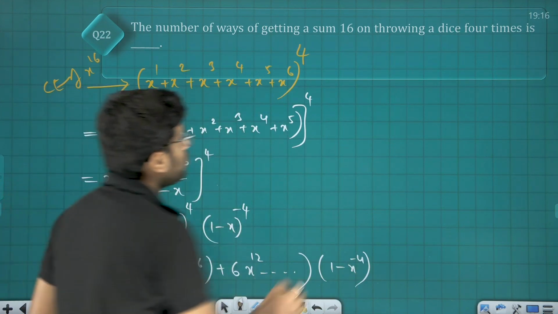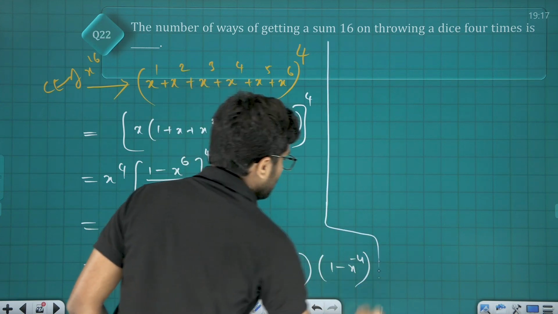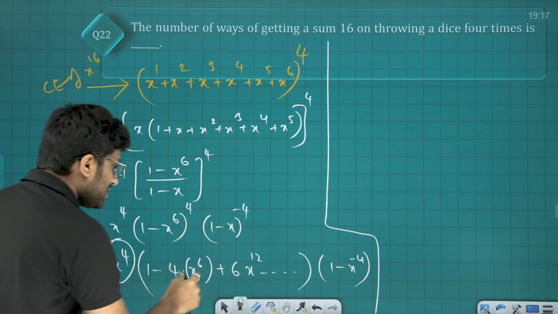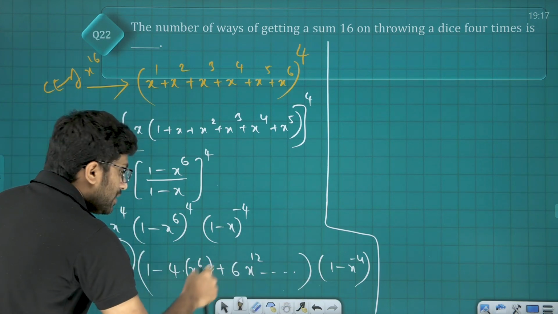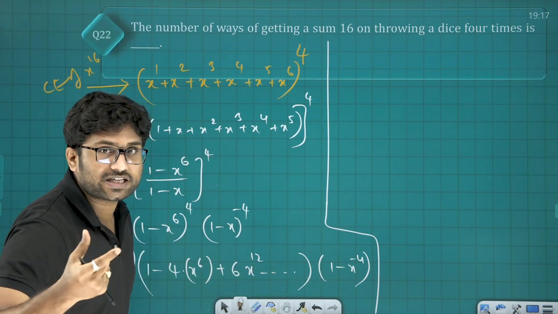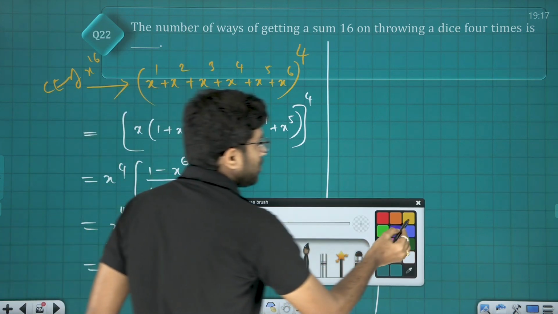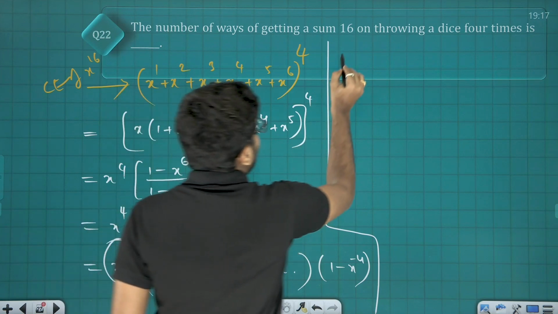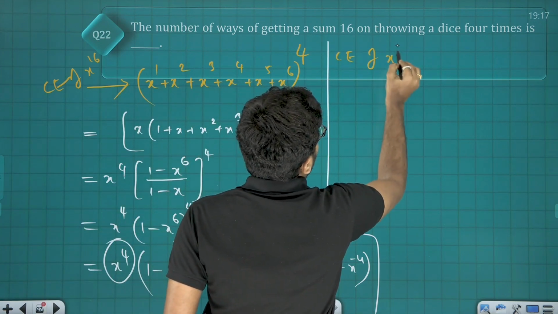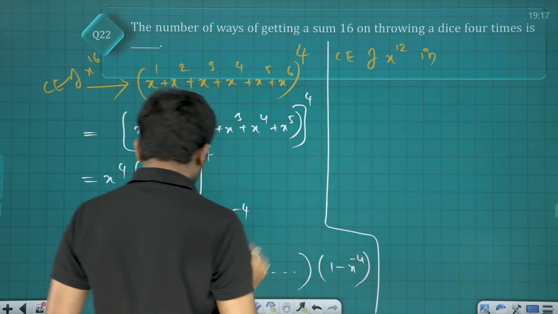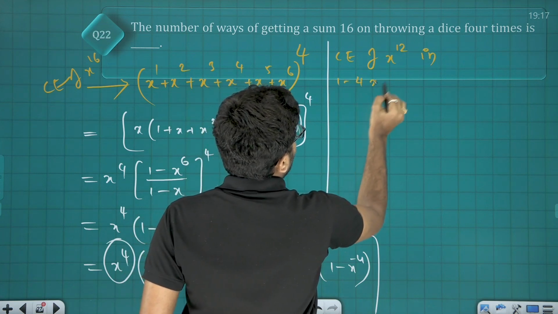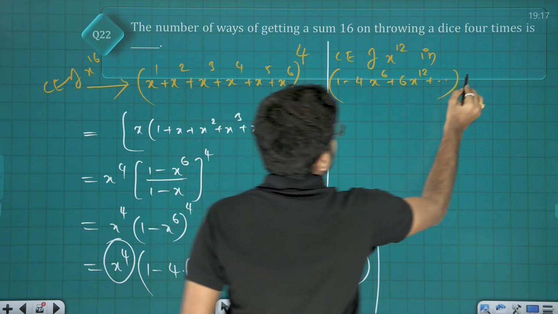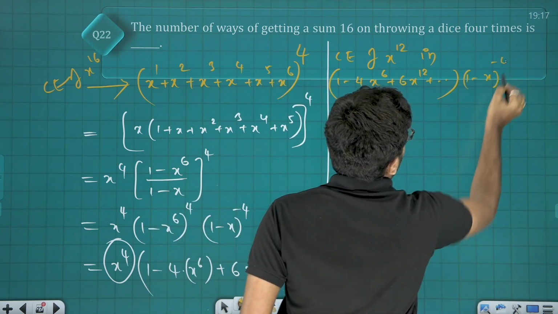So now to get the x power 16 coefficient, anyhow we have x power 4. So that means we need x power 12 from the combination of these two. The coefficient of x power 12 multiplied with x power 4 gives x power 16. So what is the coefficient of x power 12 in 1 minus 4 into x power 6 plus 6 into x power 12 and so on, into 1 minus x whole power minus 4?